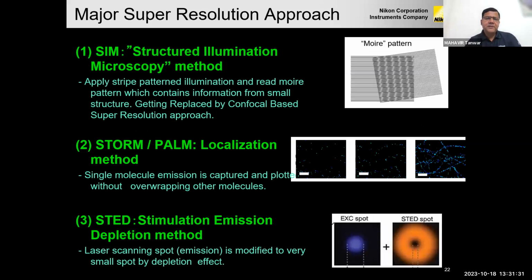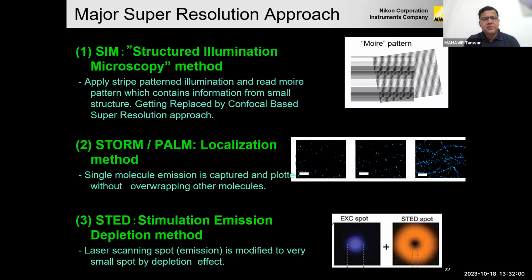One is SIM, structured illumination microscopy, which is getting less popular as confocals are getting more advanced in terms of super resolution. I can explain some advantages and disadvantages of SIM and why it is going off the market and why confocal is getting in more as far as super resolution is concerned.